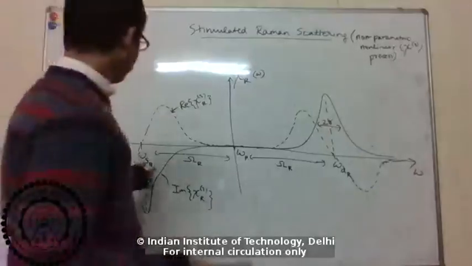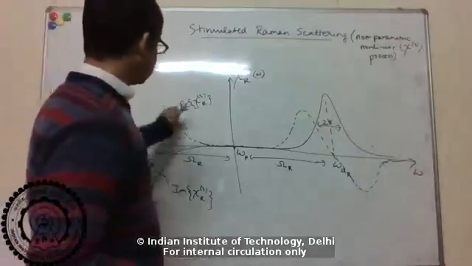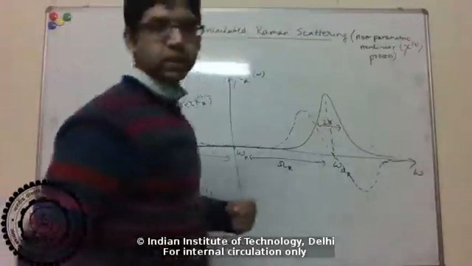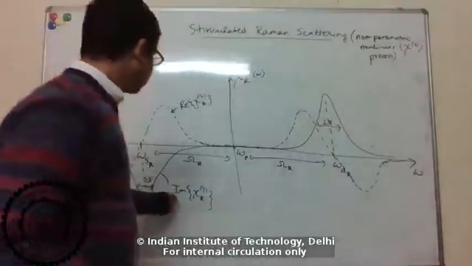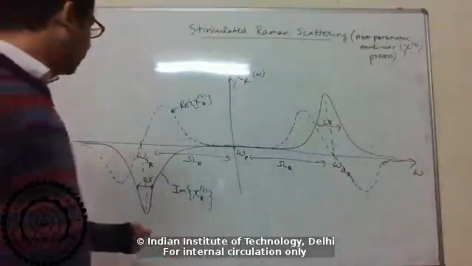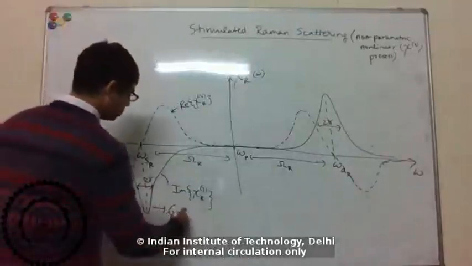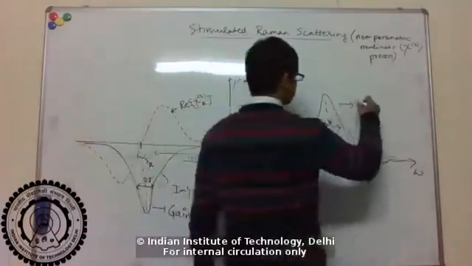Right, so you can see that the values of the susceptibility are opposite in sign at the Stokes and anti-Stokes side. So we'll see that basically what happens is, the imaginary part gives a gain or loss, and it turns out that it gives gain for the Stokes and loss for the anti-Stokes.